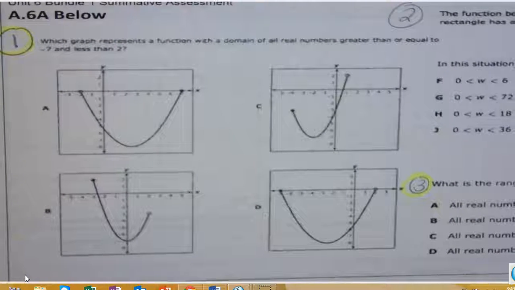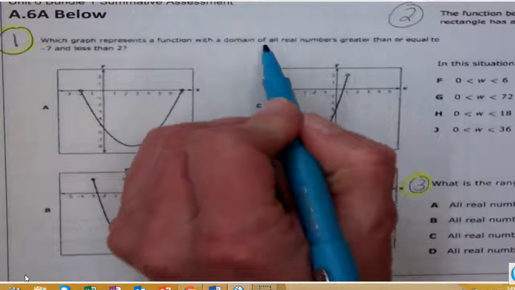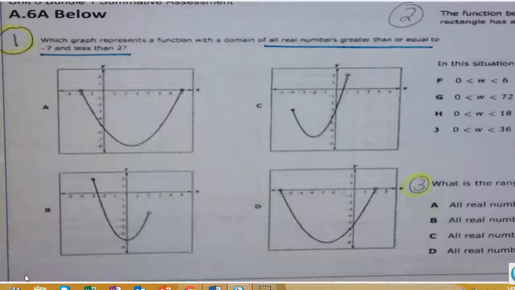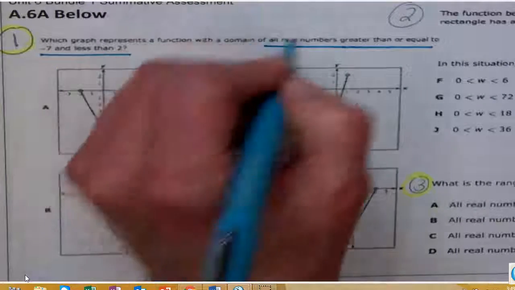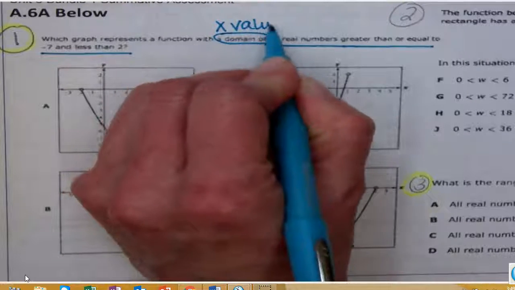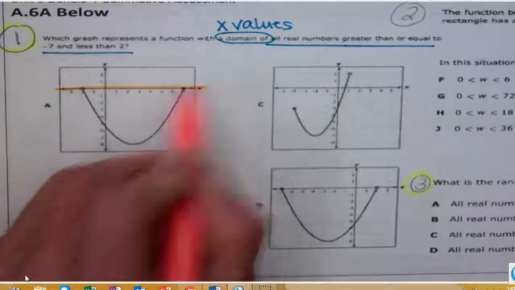Okay, which graph represents a function with the domain of all real numbers greater than or equal to -7 and less than 2? When it's talking about the domain, we know it's talking about the x values. So we're talking about everything on the x-axis.